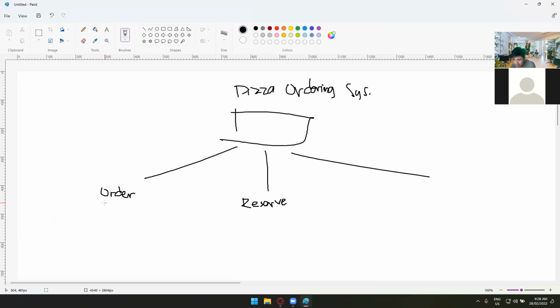But here under order, we have, let's see, categories, maybe for the food, and then for the drinks. So in here you've created this interface, the program that is needed under this order, and then it was divided into 2 parts. And then this food has another category, etc., etc. And this drinks also has another category, etc., etc.